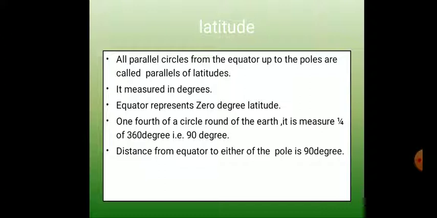The distance from the equator to either pole is 1/4 of the circle around the earth, and it is measured as 1/4 of 360, that is 360 divided by 4 equals 90 degrees. The North Pole and South Pole are always marked with 90 degrees north and 90 degrees south.